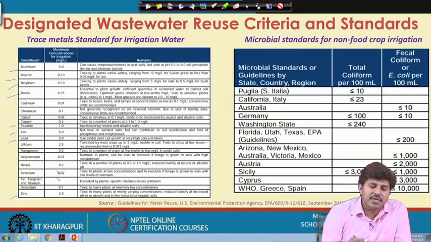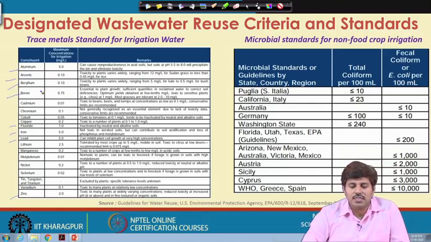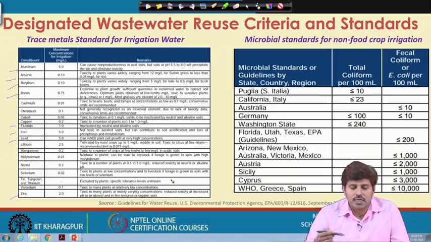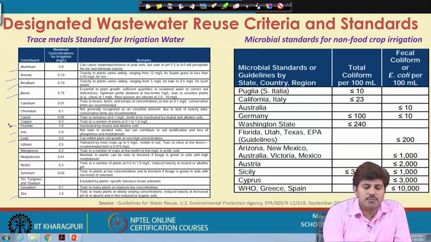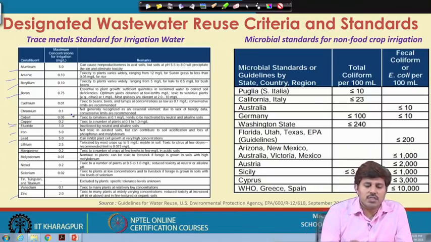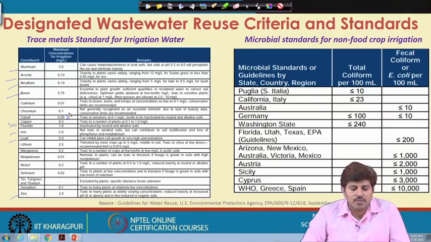So we have various standards for these different metals, and then of course there is the effect on plants. Copper is toxic to a number of plants at concentrations of 0.1 to 1 milligram per liter, but up to 0.2 is okay, which is what has been recommended. Cobalt is toxic to tomatoes at 0.1 milligram per liter, but tends to be inactivated by neutral and alkaline soil, so 0.05 is the recommended limit.